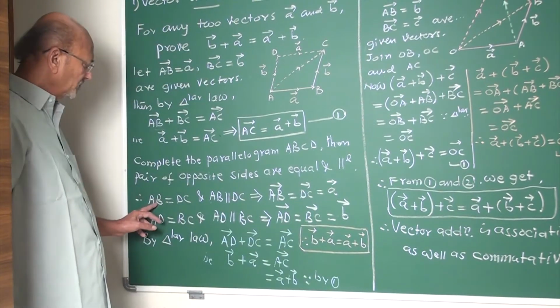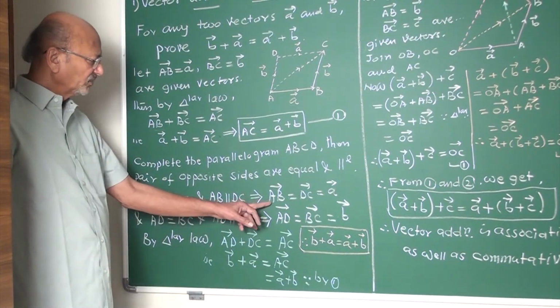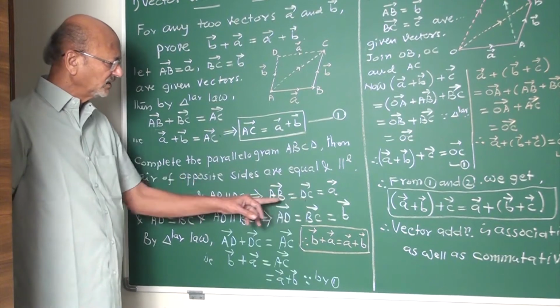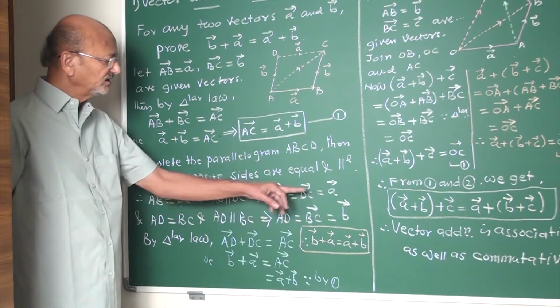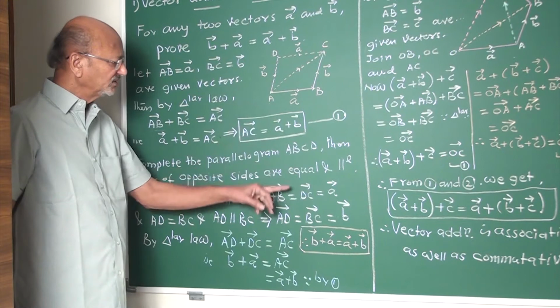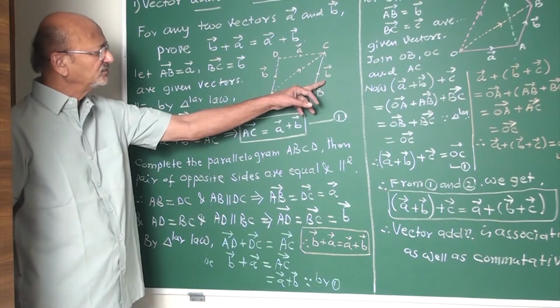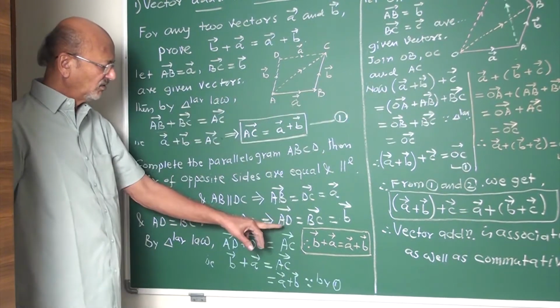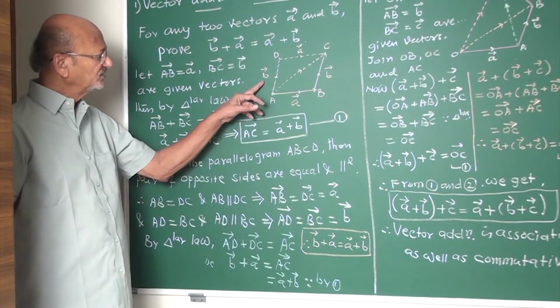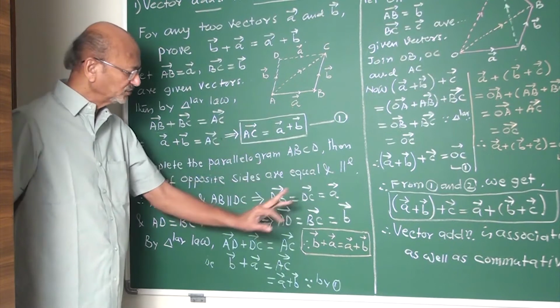Therefore, my friends, vector AB equals vector DC. But what is vector AB? It is A. Similarly, another pair, AD and BC, are equal and parallel. Vectors equal, but BC is B, so AD is B.